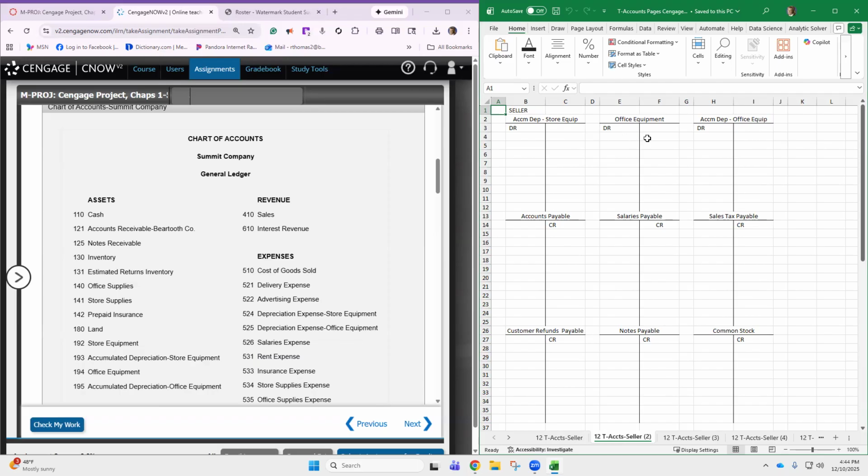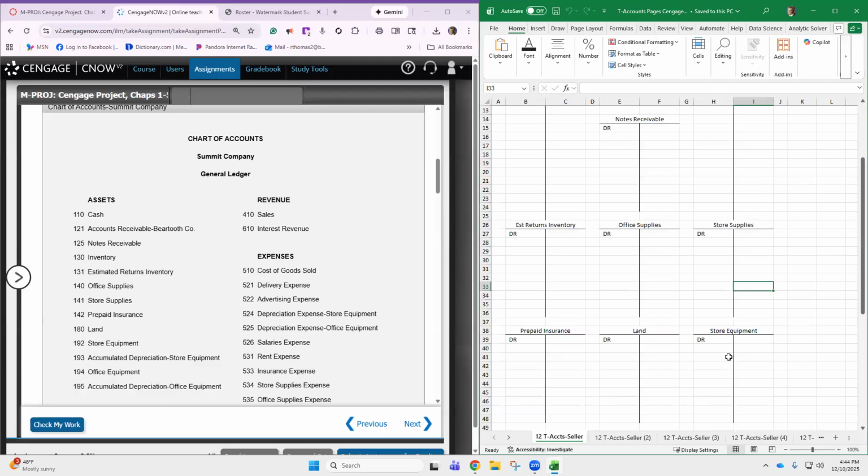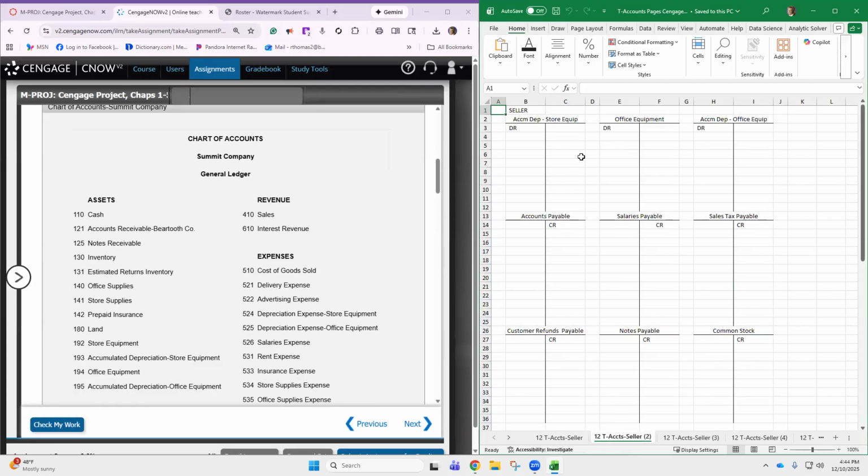Then there's another fixed asset, office equipment, and accumulated depreciation for the office equipment. These two go together. Store equipment and its accumulated depreciation is immediately on the next page. I do want you to know they're there.